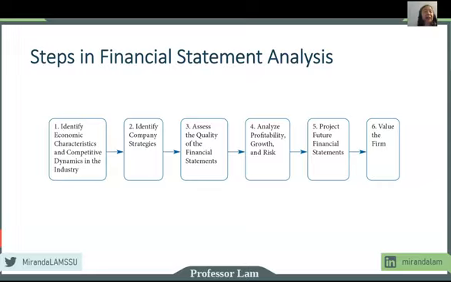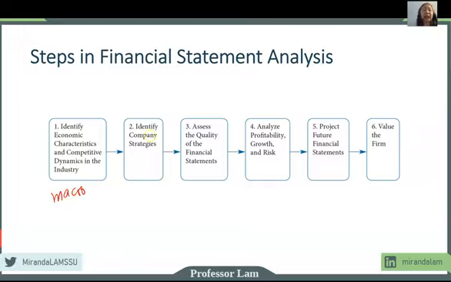The first step is, as I said, the top-down approach. We look at the economic characteristics and the industry characteristics. So that's step one. This is true for all the firms in the industry and the other industries in the economy. So this is a macro level analysis.